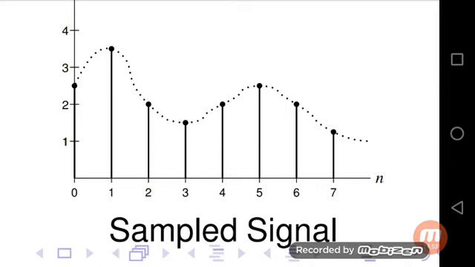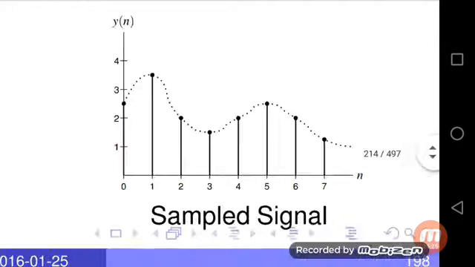So the gap, or the step size, is known as the time interval, equal time intervals. That is the main use of sampling. So by using sampling, we can easily split the signals into equal intervals with respect to time and frequency.